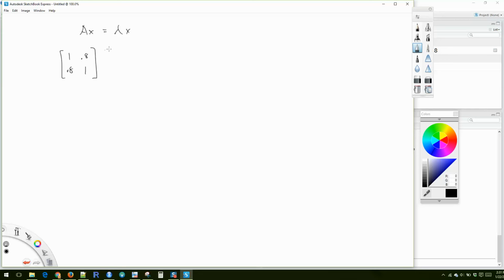Say we have x11 and x12. This will be for our first eigenvalue, and we'll use 1.8.